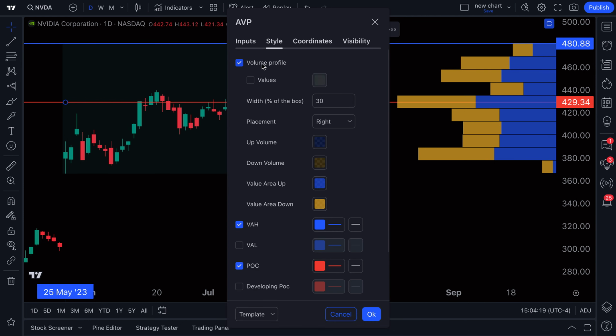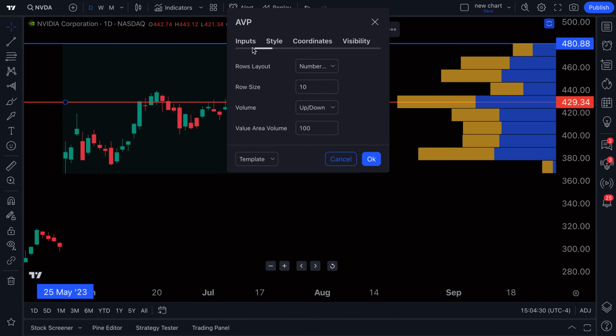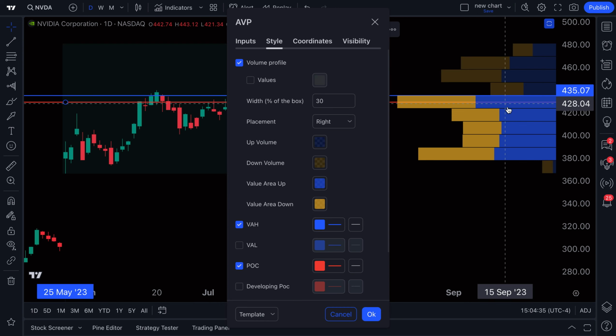And then of course the style menu you're definitely going to want to understand, because this is where you can change the color of the up and down volume bars or rows if you've already selected them. The value areas, if this is not at 100, for example it's 70, well, you'll see your value areas. One's shaded, one isn't. It's to demonstrate the importance of each price level.